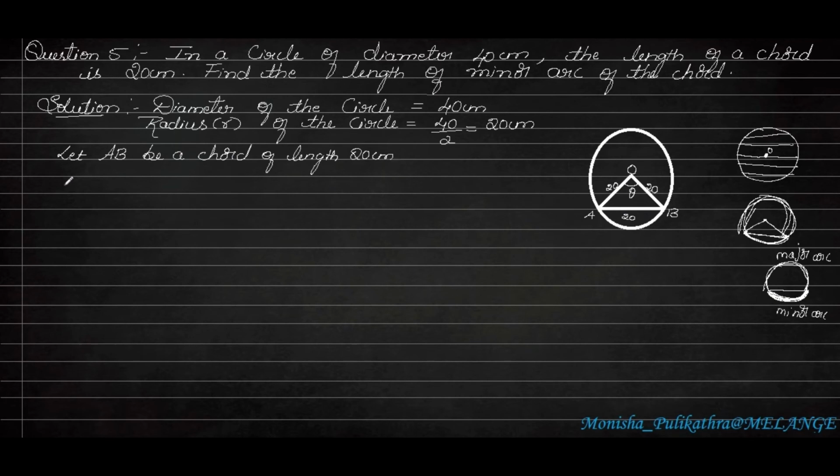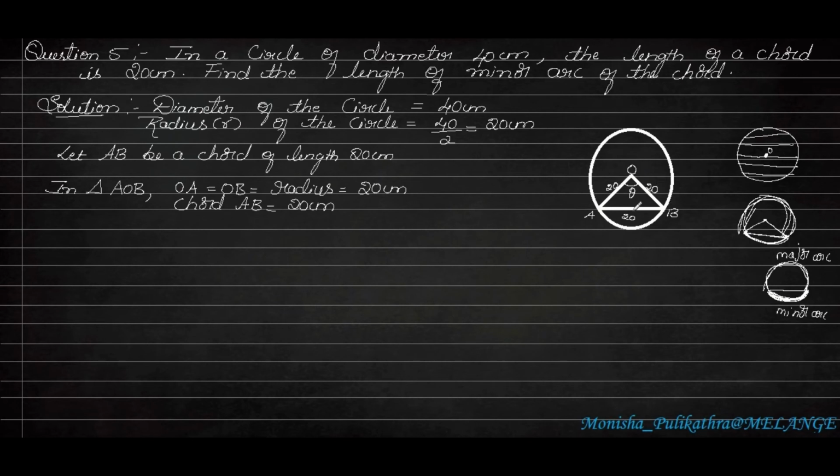So let us write the data. In triangle AOB, OA and OB are the radius of the circle, equal to 20 centimeter. Chord AB is equal to 20 centimeter.